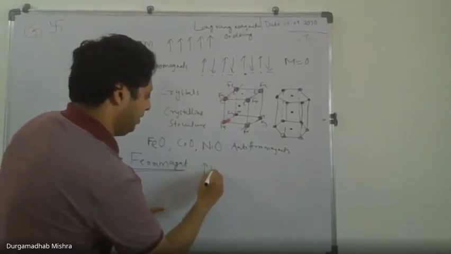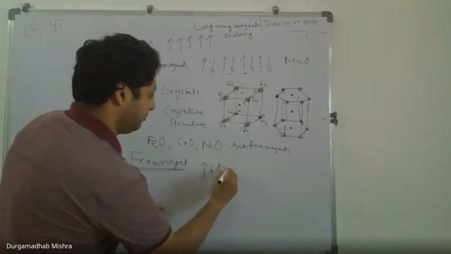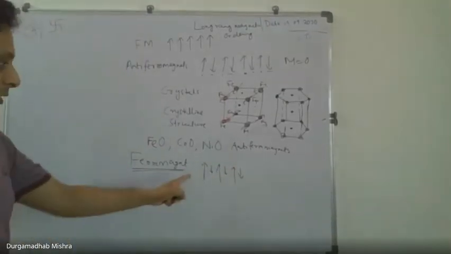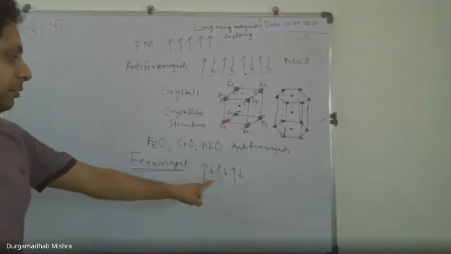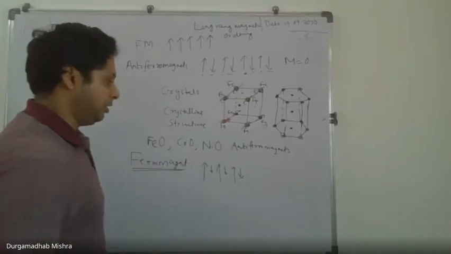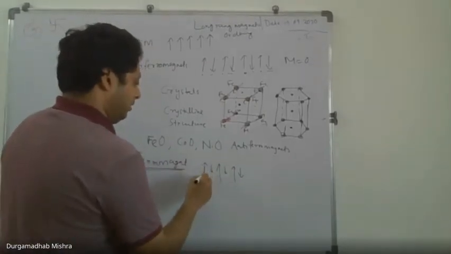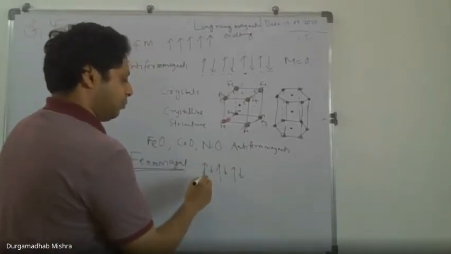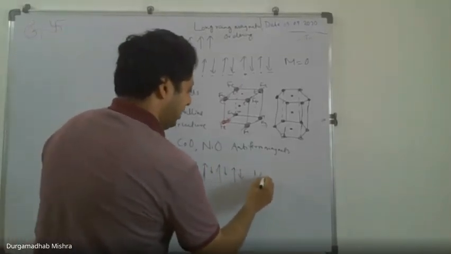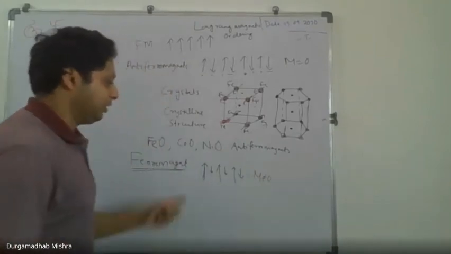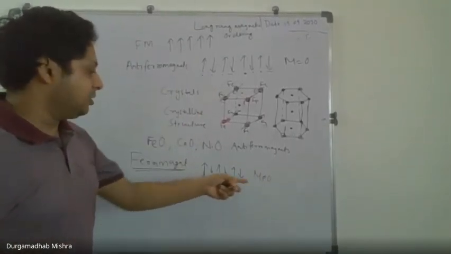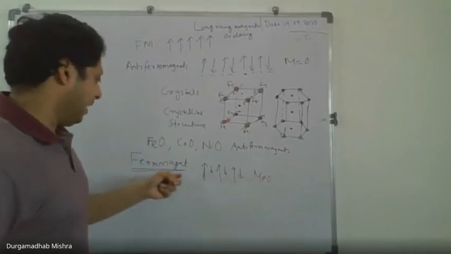In a simple way, it looks similar to an antiferromagnet in terms of the arrangement: alternate spins are antiparallel to each other, but the magnitude is larger for one and less for the other spin. So in that case, M is not equal to 0. Although it looks like an antiferromagnet, the magnetization is not 0. So these are called ferrimagnets.